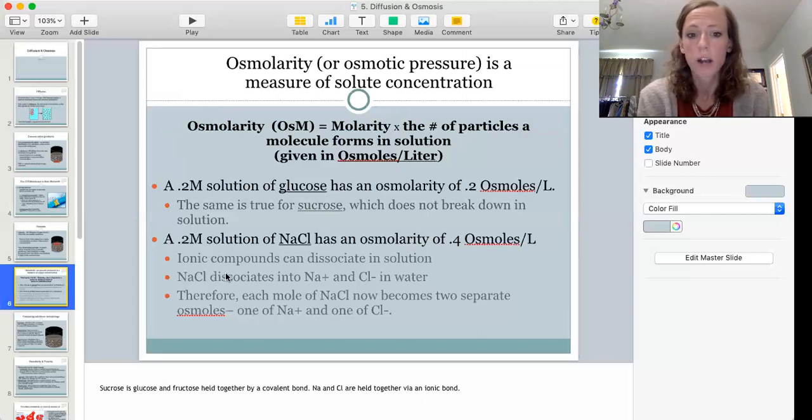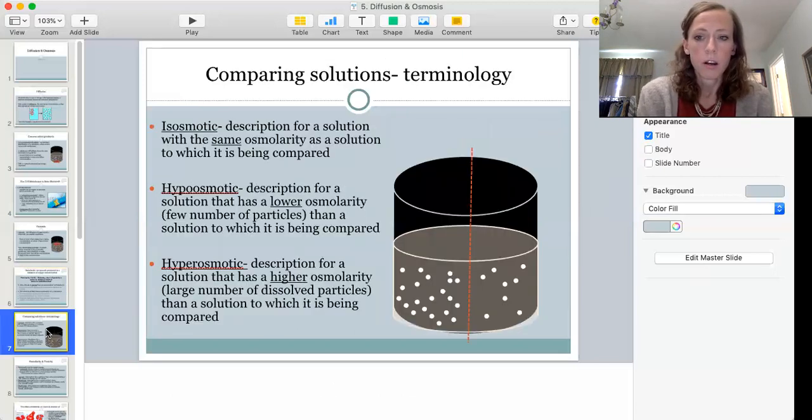So since sodium chloride dissociates into two separate particles when placed in water, you would have the molarity, 0.2 molar, multiplied by 2. So of course, we get 0.4 osmoles per liter, okay? All right, moving to our next slide.